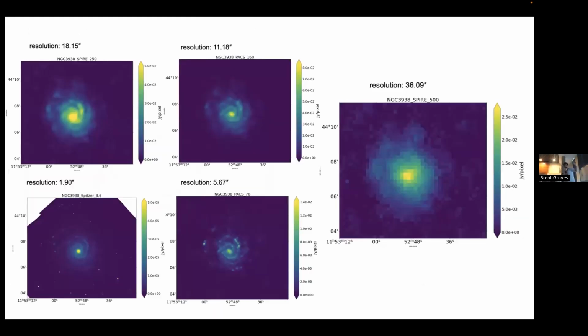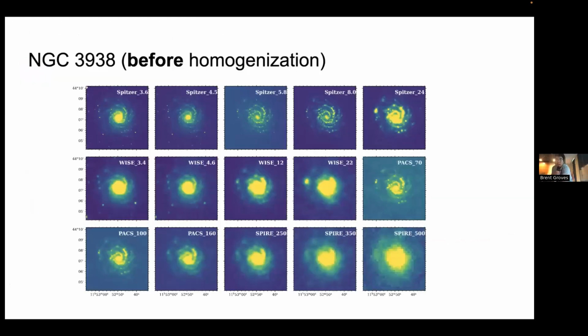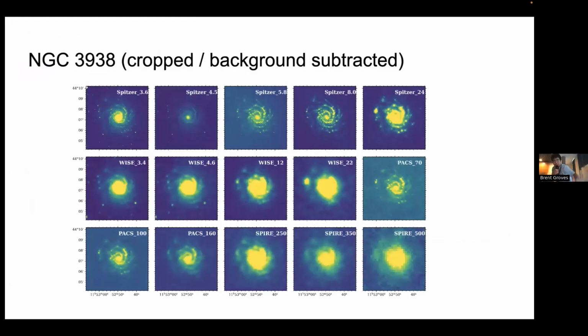This is an example. We use data from SPIRE, PACS, and Spitzer, and this is PACS 70, with different resolutions and different pixel sizes. Now we want to reproject everything to homogenize the data so that we can compare with the data with the worst resolution, which is SPIRE 500 micrometer. This is the raw data before homogenization. Then we perform cropping and background subtraction.